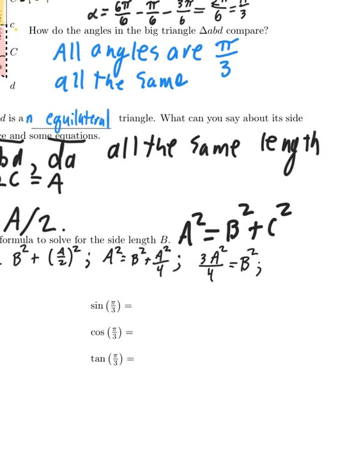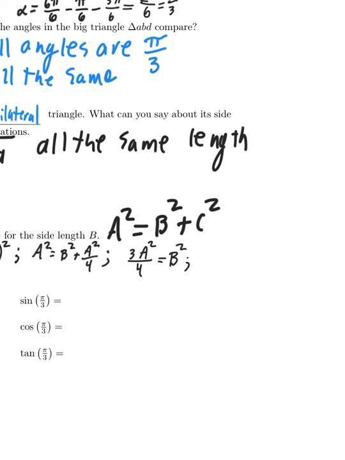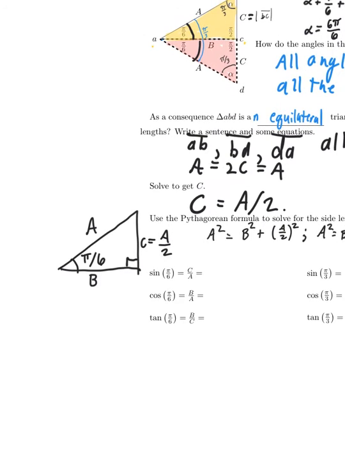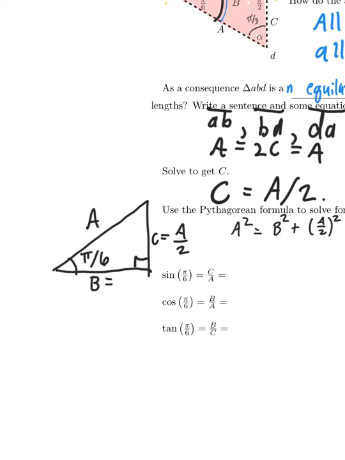Now I can solve for B by just square rooting. B is equal to A square root of 3 over 2. So put that right here. B is equal to A times the square root of 3 over 2.